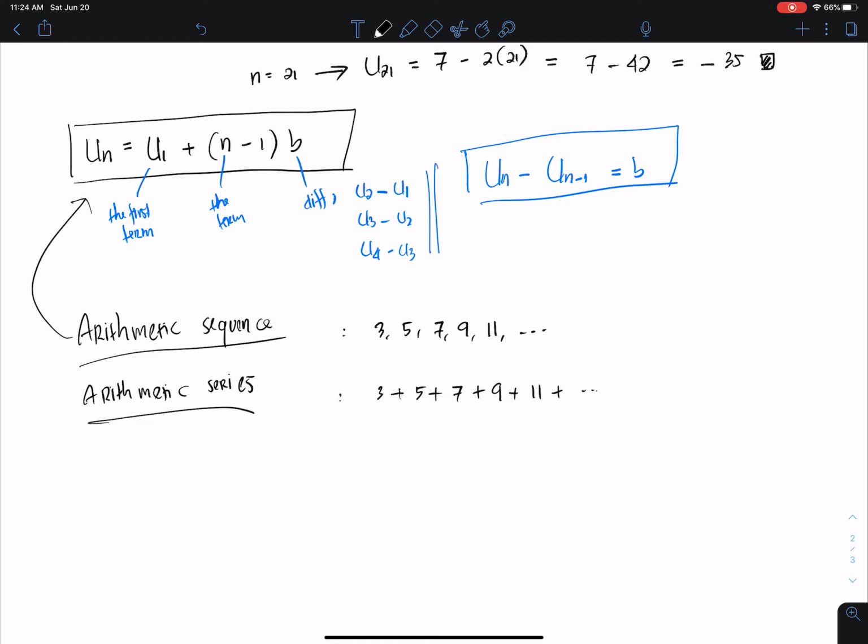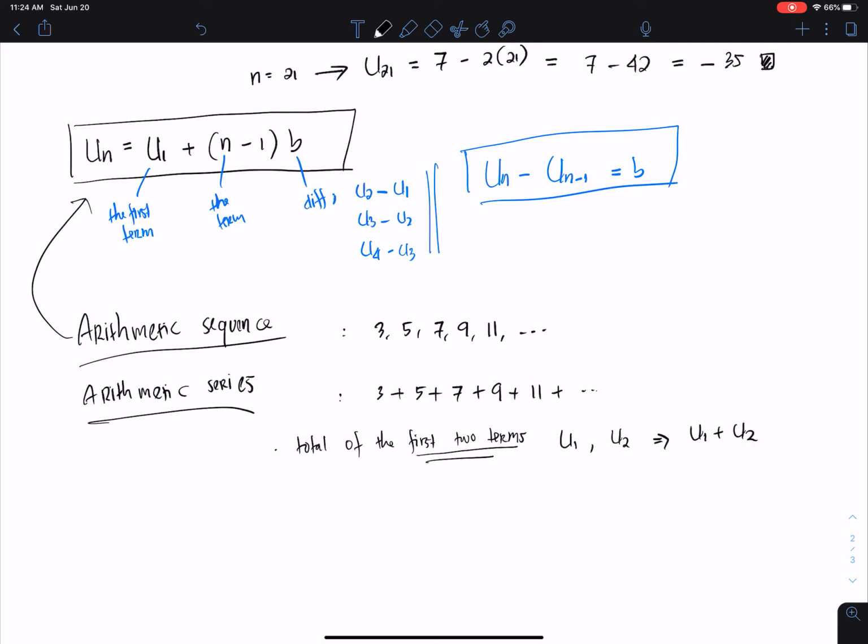So when we say total of the first two terms, we are referring to u1 and u2. But since this is a series, it means it's the total, so it's u1 plus u2.